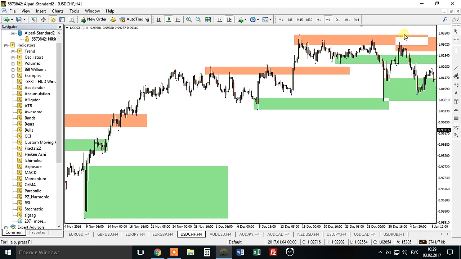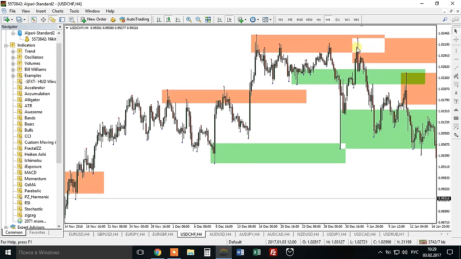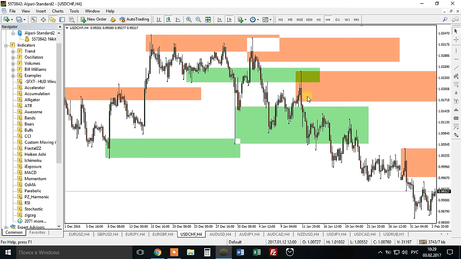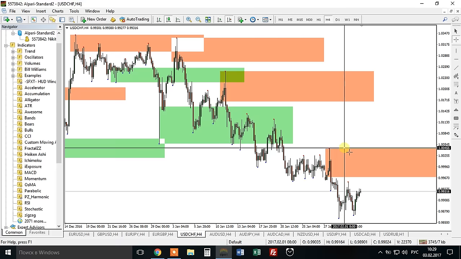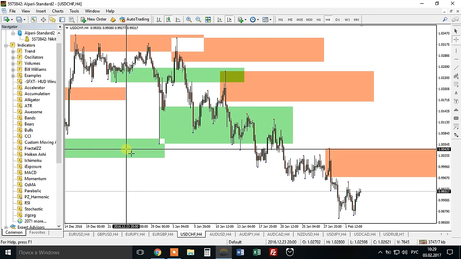It will most likely go to the previous resistance zone that was drawn with that rectangle, and the broken support, this rectangle, acted as resistance as well. Then we broke that support, then we retested that support, then we broke the lows, then we tested that support as well. If you go here, it is the previous support of this.